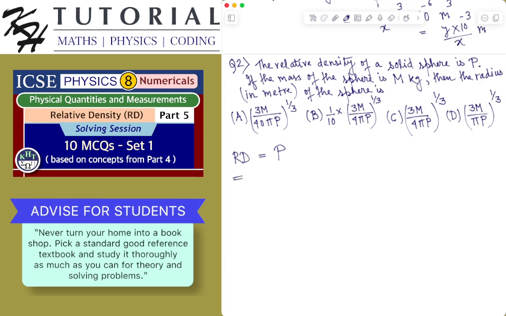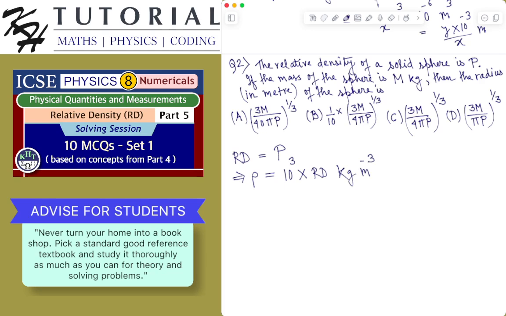So this implies I can say that the density of the solid sphere will be equal to, remember, in kilogram per meter cube, 10 to the power 3 multiplied by RD, this much kilogram per meter cube. This is the general formula of the relation between density and the relative density of a substance.